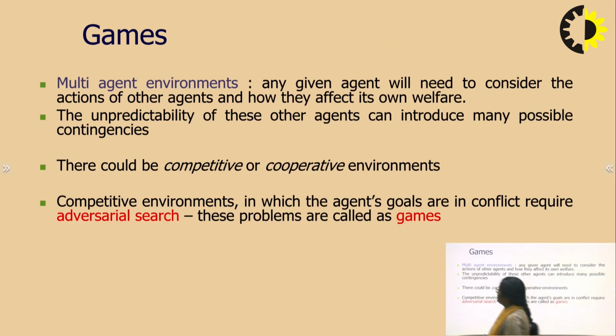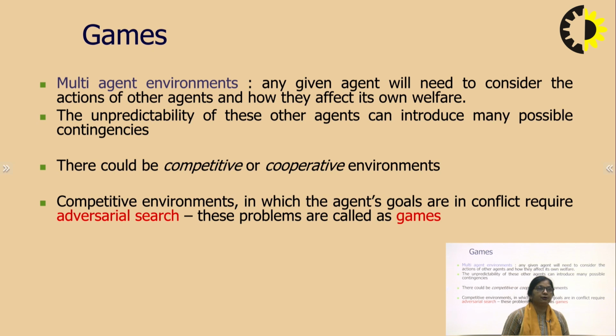What are multi-agent environments? An environment can be deterministic, fully observable or partially observable, static or dynamic, or changing with time. When we have these different types of environment, we now have to consider how many agents are working in that particular environment.